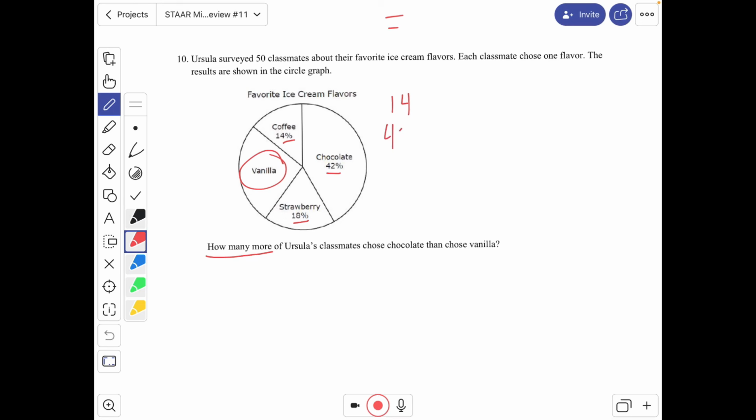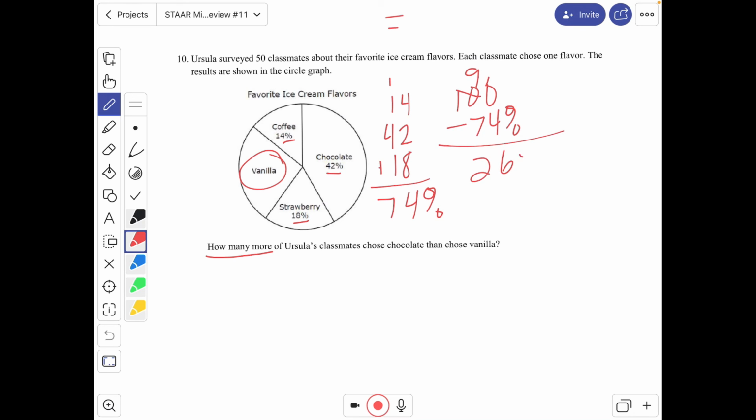So 14 plus 42 plus 18 is 74%. And I subtract that from 100%. And I get 26%. So vanilla is 26%.